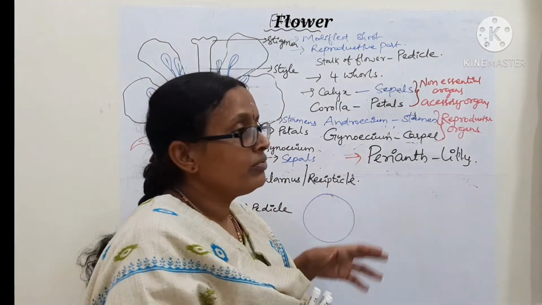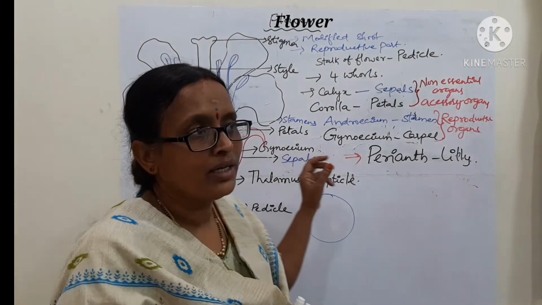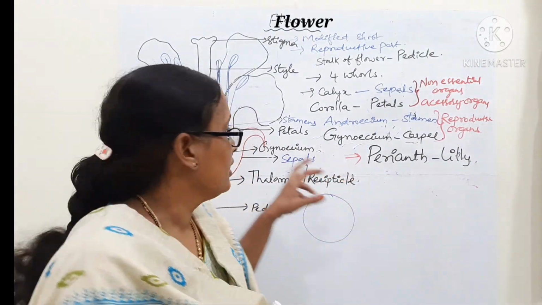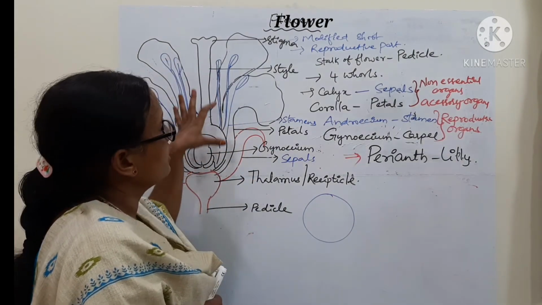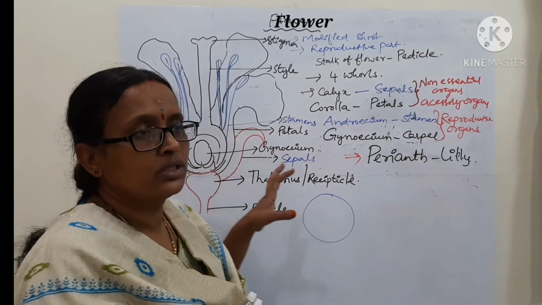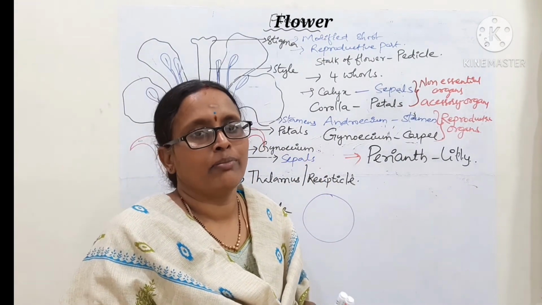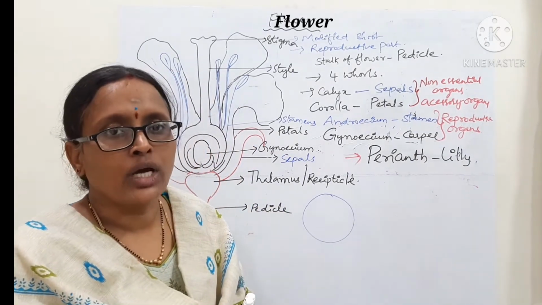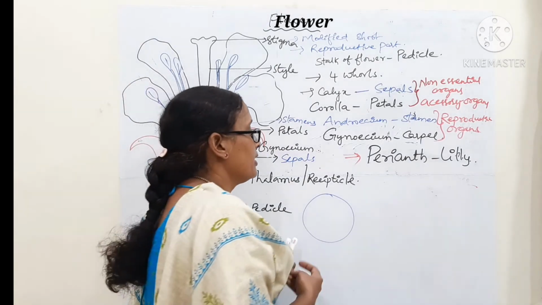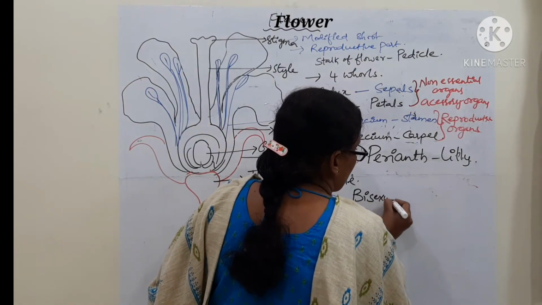In some flowers, there may be a male part or a female part. In this flower, androecium is there and gynoecium is there. Both are present, the male part and the female part. The flowers which have both androecium and gynoecium are known as bisexual flowers.